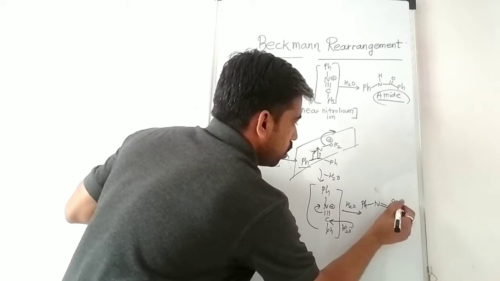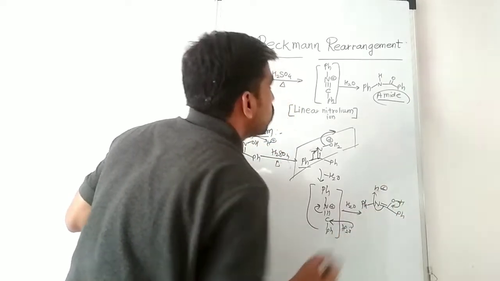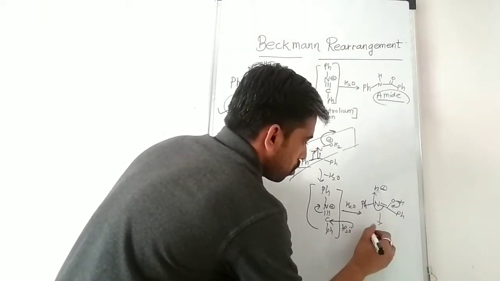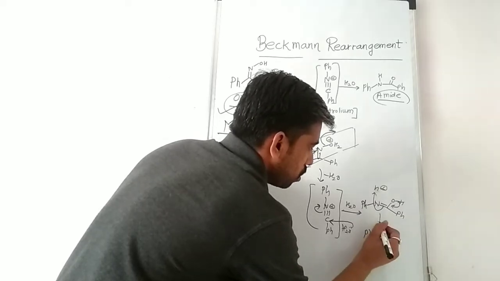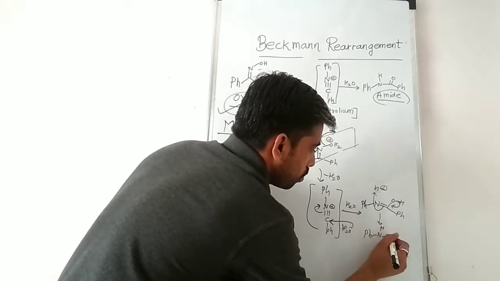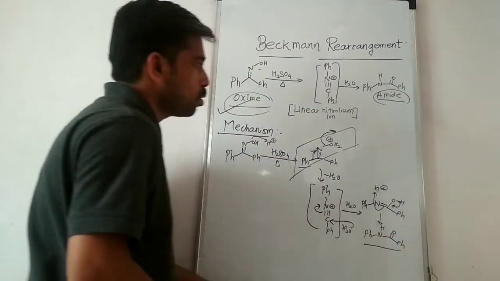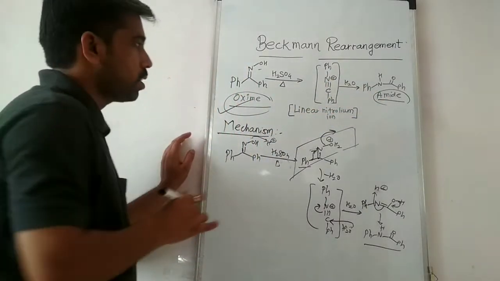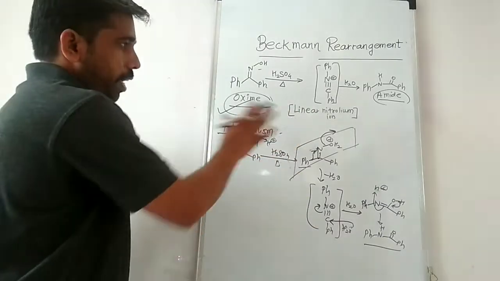Again, abstraction of the proton. Okay. Now we get the final product, that is amide, like this. So this is the formation of the amide from the oxime, that is the ketoxime. Okay. This is all about the mechanism for this reaction.